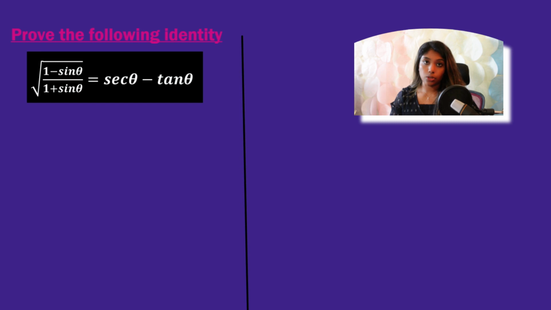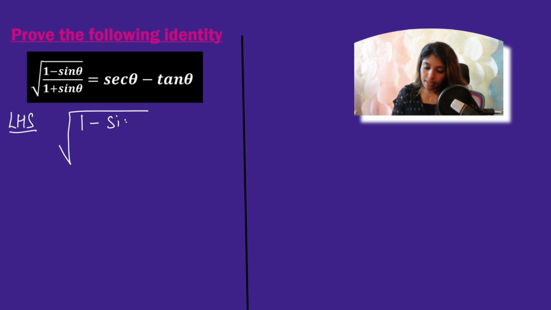When you are given such a question, the first thing that should come to your mind is the conjugate method. Let's see how it works. To begin with, we rewrite the left-hand side of the given identity. So the left-hand side is the square root of 1 minus sine theta divided by 1 plus sine theta.